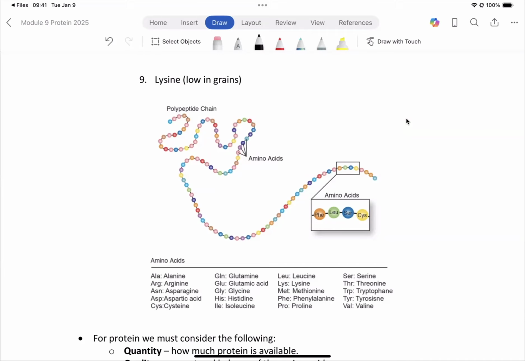So your DNA determines the order, and then the order determines the shape. When I was talking earlier about heat and proteins, I was saying that if the shape is disrupted, then the protein no longer functions. It doesn't function as an emulsifier, as a hormone, as an enzyme, or as fingernails, or whatever it's going to be.